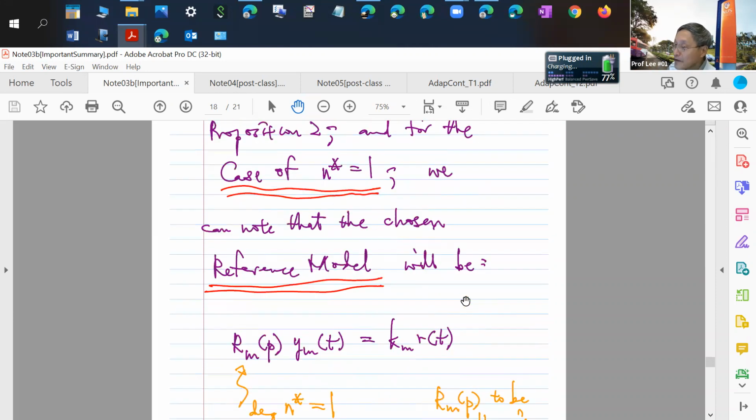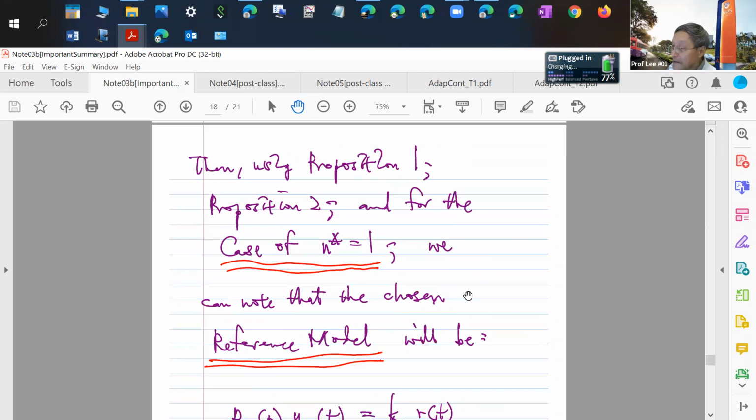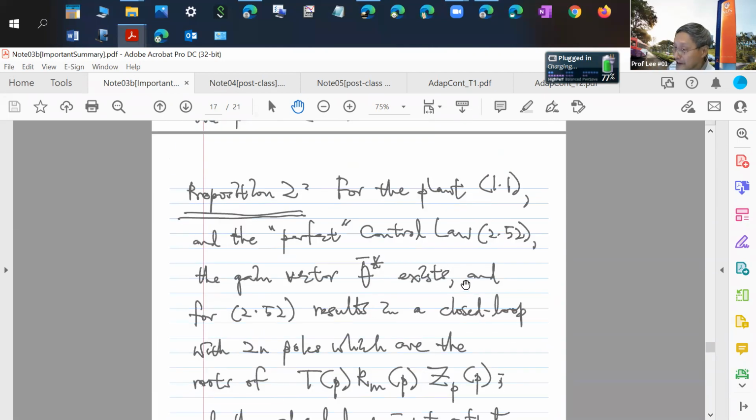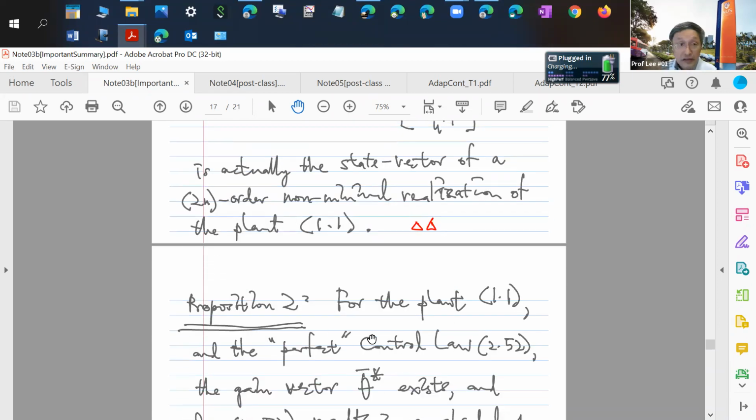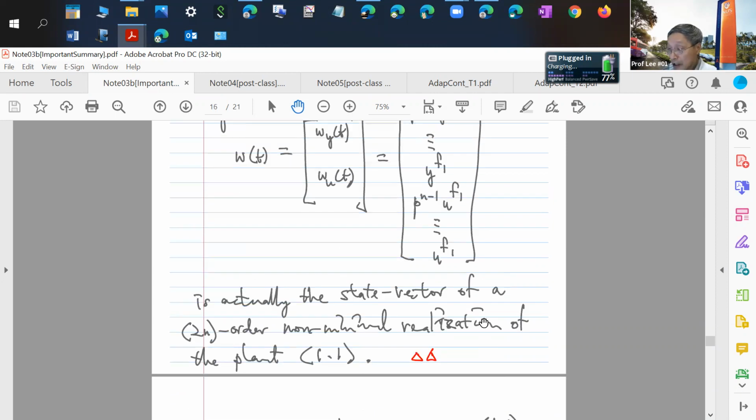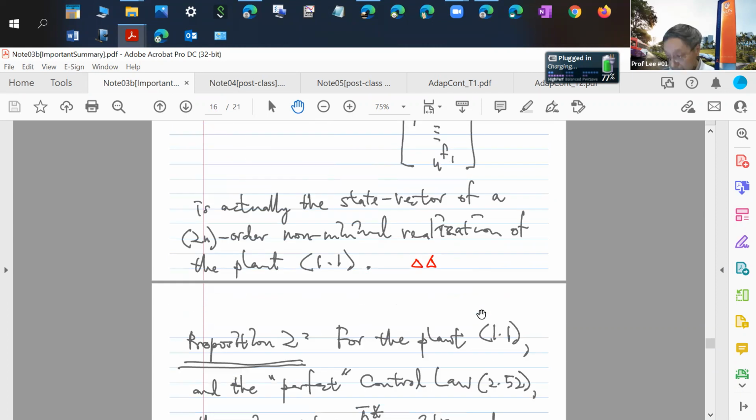Again, I want to emphasize that the proposition 1 and proposition 2 results do not depend on relative degree. It works for any system of order n. Up to here, there is no constraint on relative degree.